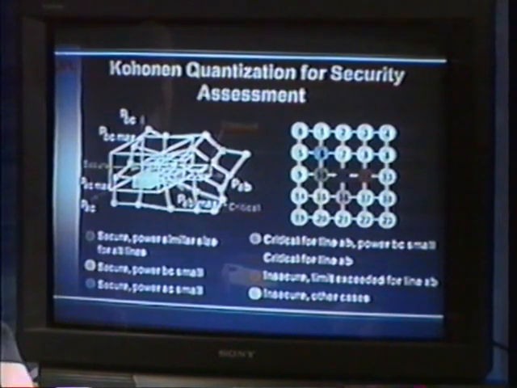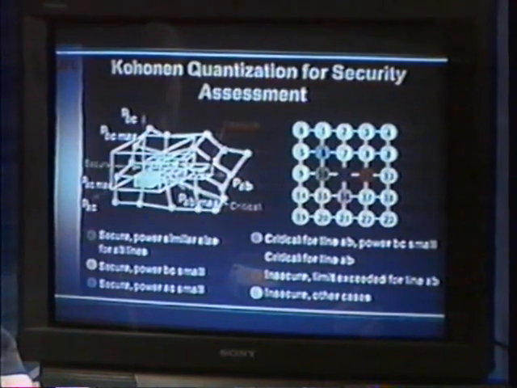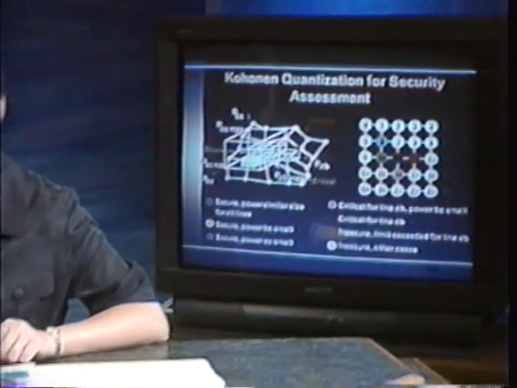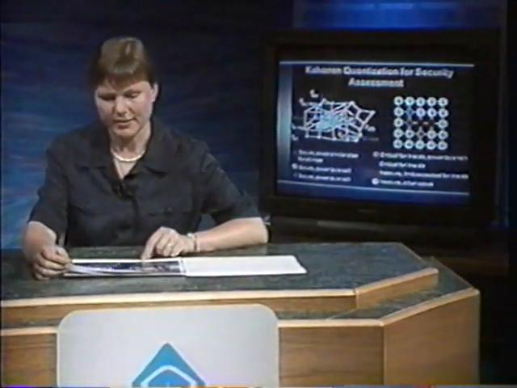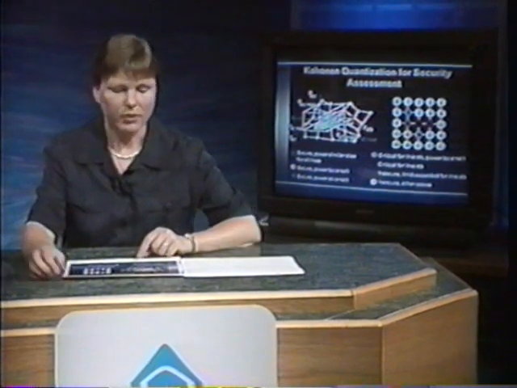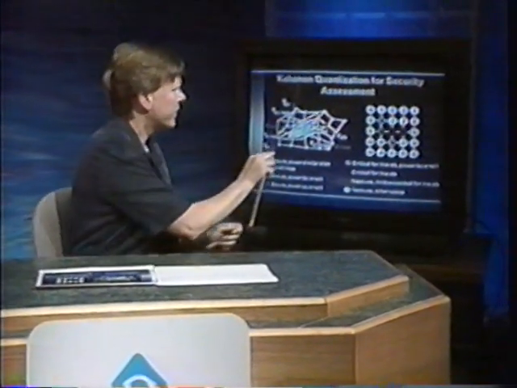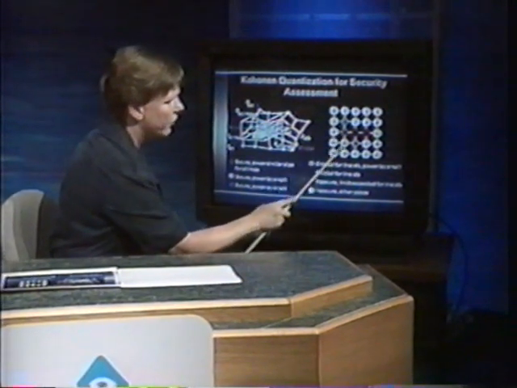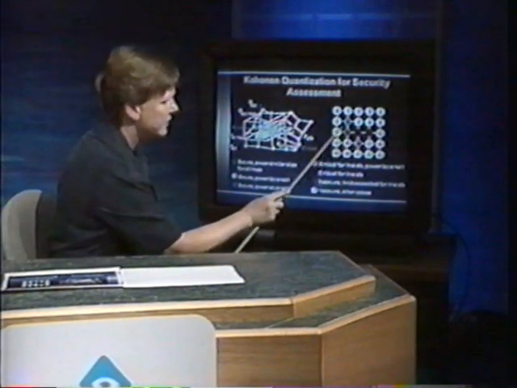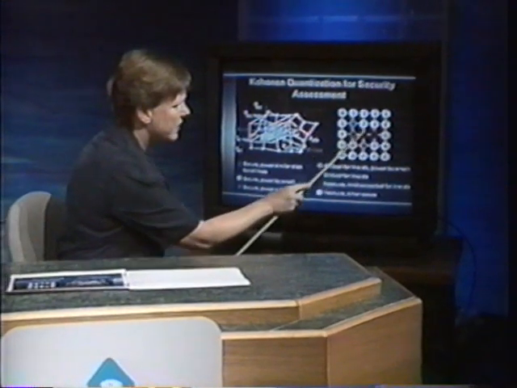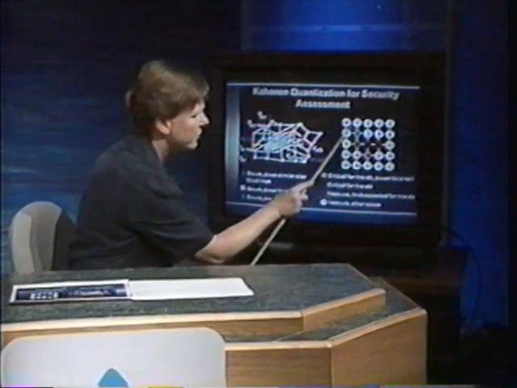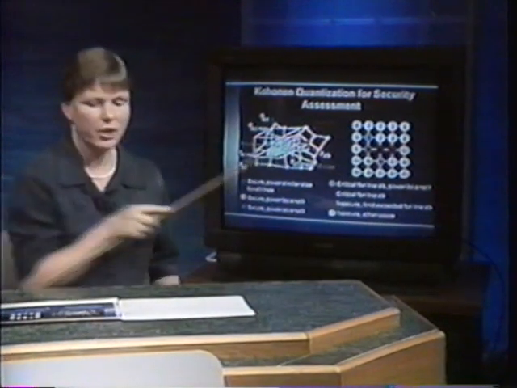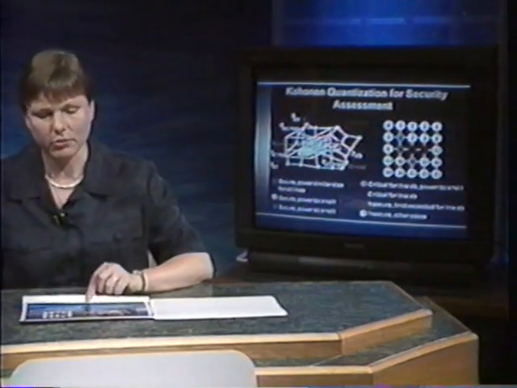And our white neurons actually are all unsecure, and I did not specify which specific lines' limits are violated. So if we then take this map and stretch it out on a two-dimensional plane, and if we keep the color coding of our neurons, we can still distinguish our secure neurons, our critical neurons, and our insecure neurons, which include the white neurons.